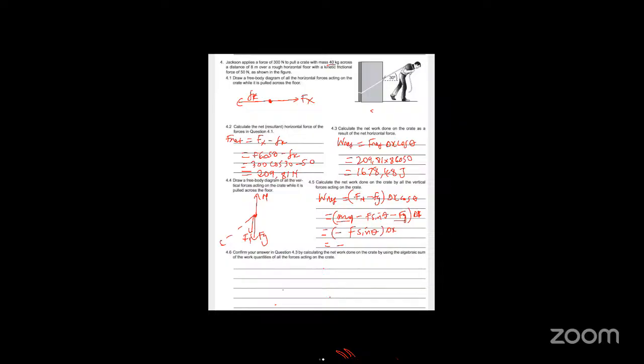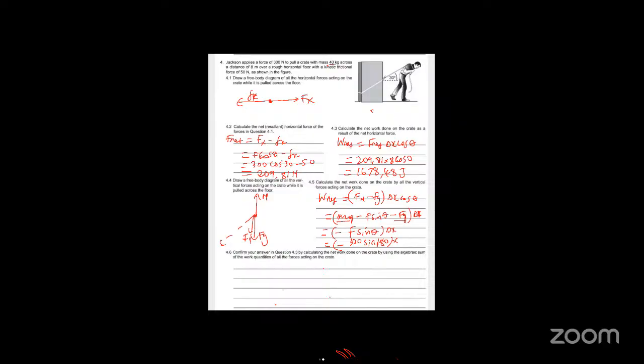F, which is 300 sin, if you say sin 90, this thing here is going to be 0.